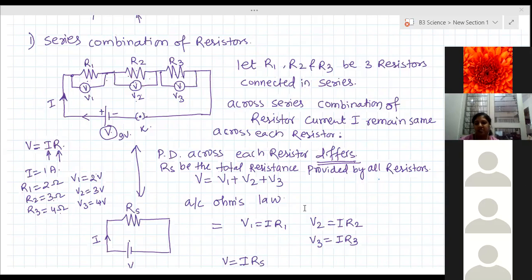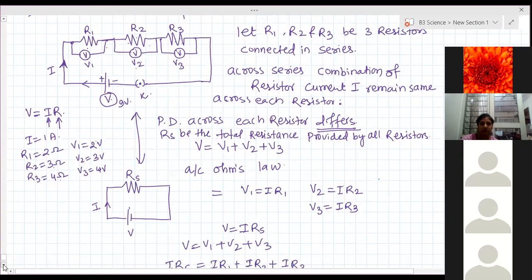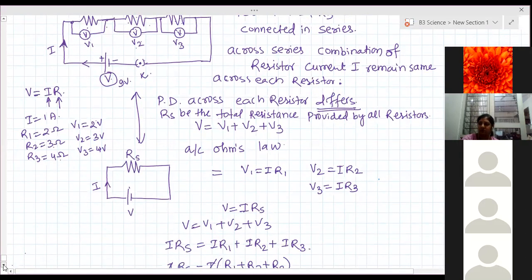Because otherwise you can't understand. This is a very important chapter, very much important chapter. If the concept is not clear, you are not able to solve numericals. Can you scroll down? Ma'am, do they ask this derivation?